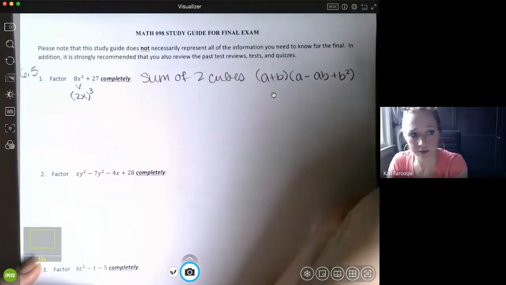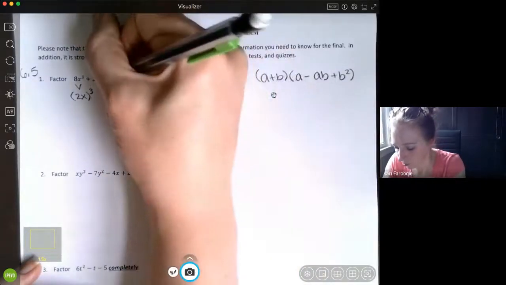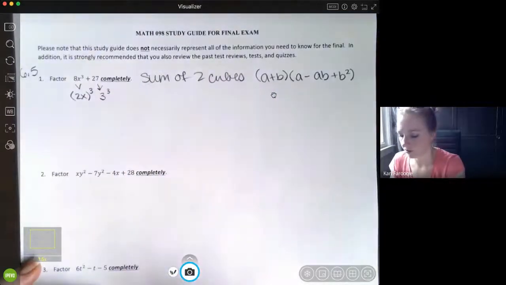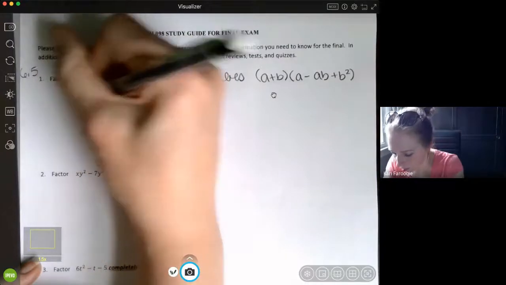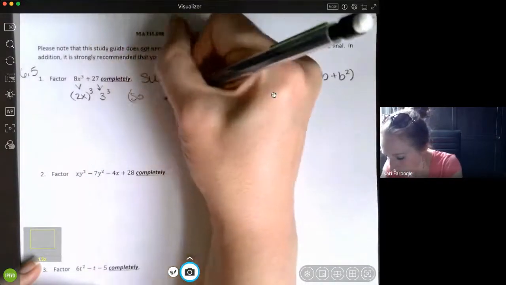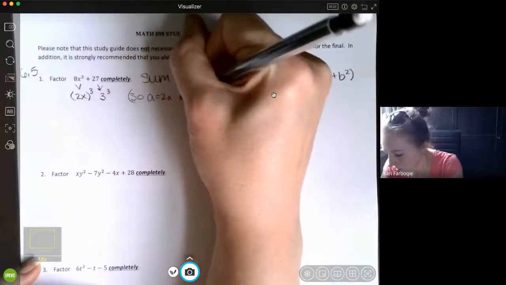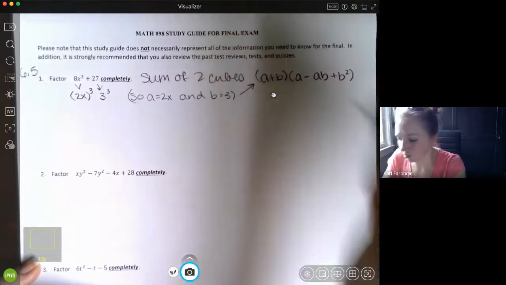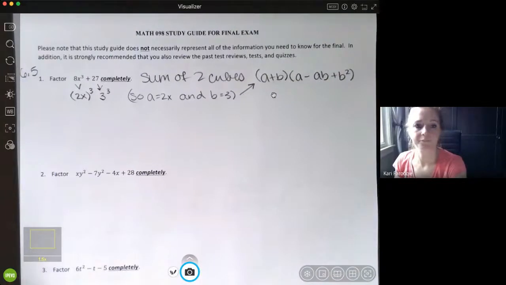We can let that be A. And then, of course, 27 is 3 cubed. So if you want, you can let A equal 2x and B equals 3, if you're using this formula, which you will be using. It kind of depends on, do you want to label it like that, or do you just want to plug it in? And that's up to you. All right, questions so far?